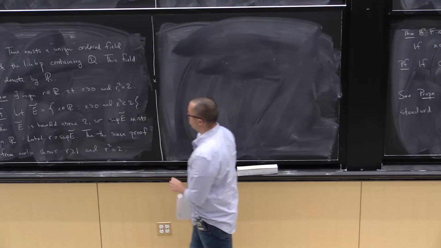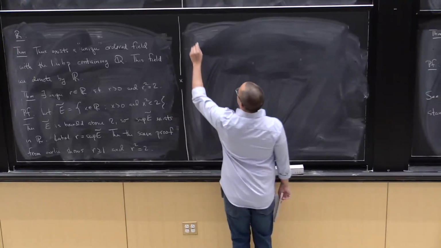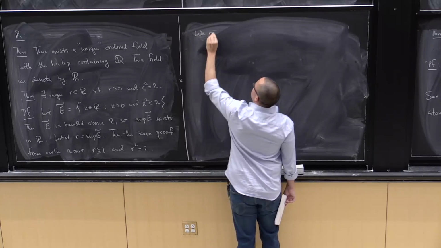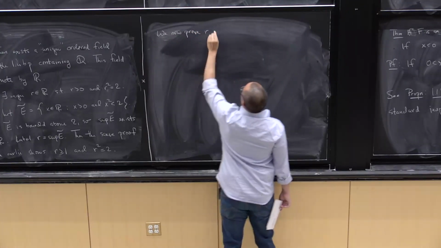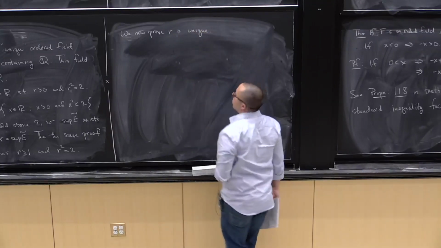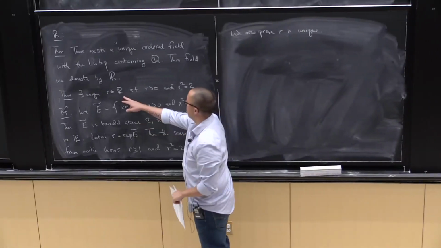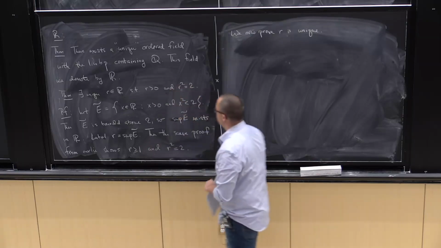Now, I will prove that it's unique. So now I want to prove that r is unique. That means if there's some other element in capital R that satisfies these two inequalities, then it must be equal to my original r.